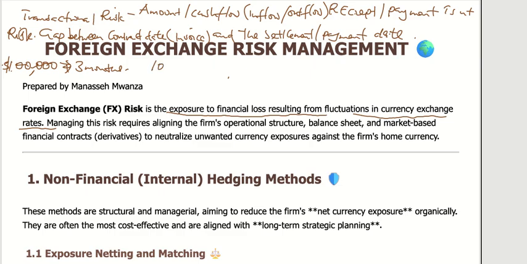For example, if at the moment the kwacha was at 10, then in kwacha terms you would be paying 1 million. Now, if the kwacha depreciated to 12, then it simply means that you'll be paying 1.2 million. So you have made a loss.